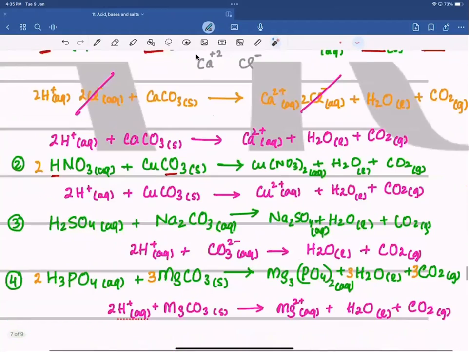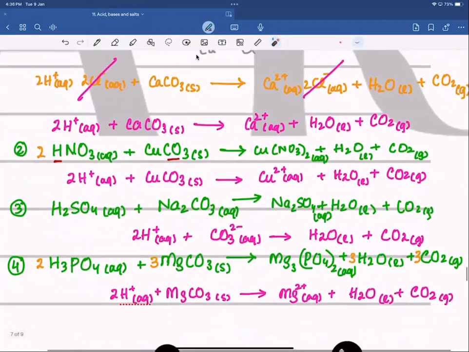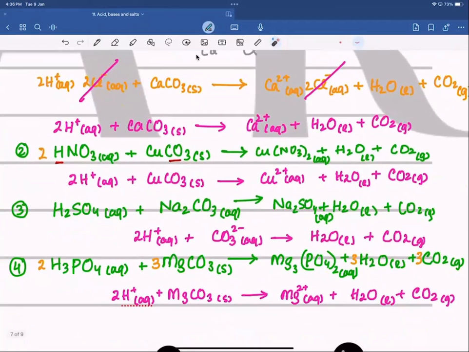The charge of CO3 is negative 1, right? 2 minus. Yeah. So this is how we make the normal equation and the ionic equation. Now do the equation of phosphoric acid and magnesium carbonate as well.